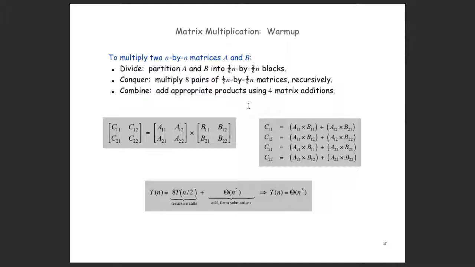So that would get us 8 recursive calls on half, and the addition is still order of n squared, so we are doomed. We still end up with order of n cubed.